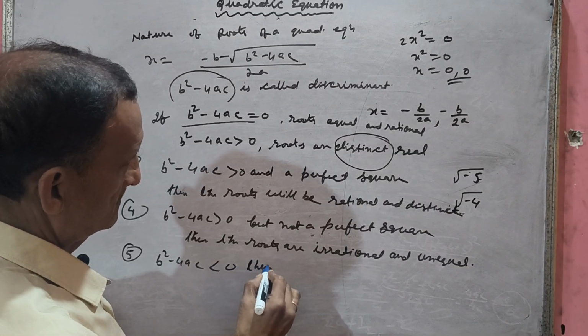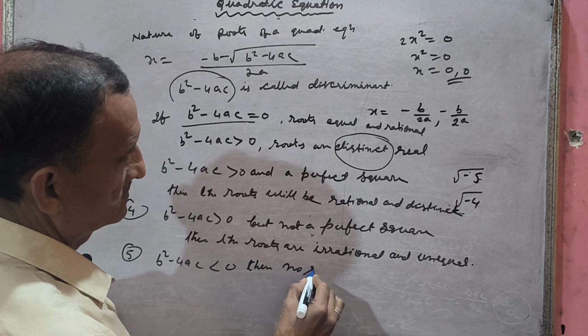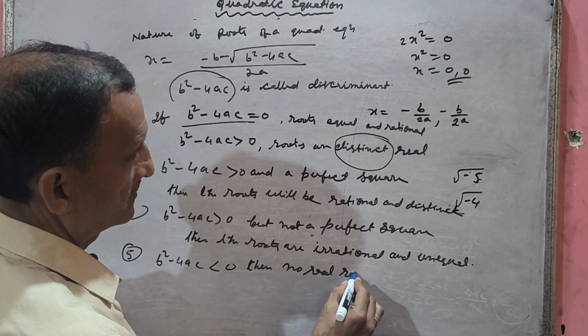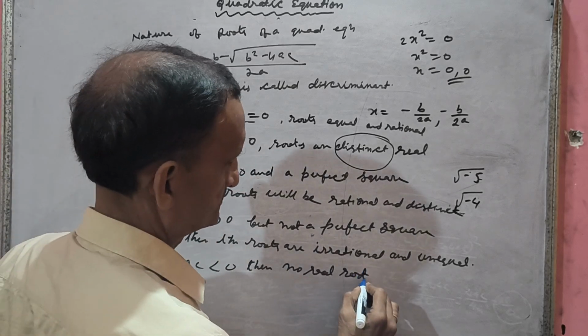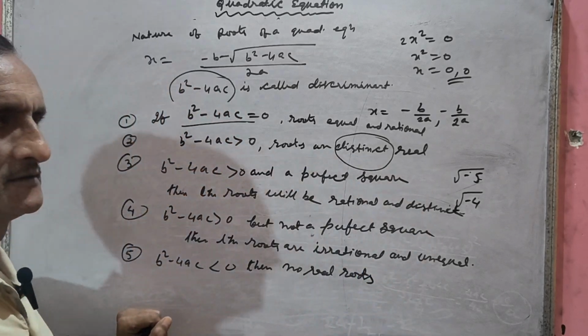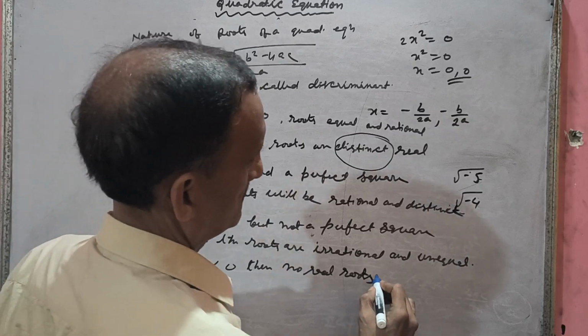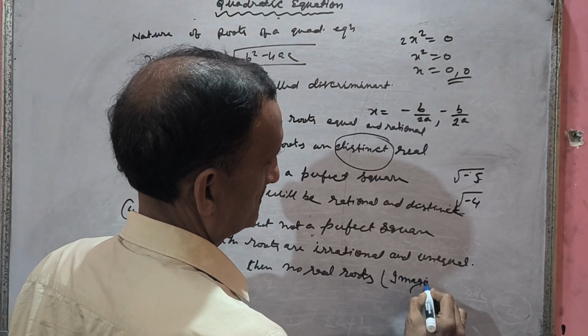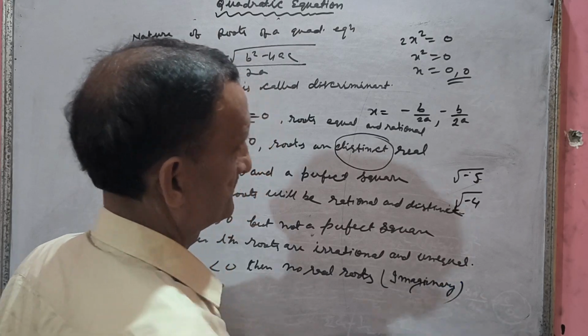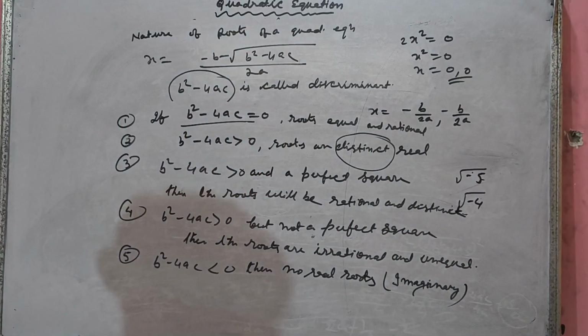Then no real roots. Roots will not be real. If not real, it is called imaginary. Understood? Here are some natures of roots. There are some more conditions you need.